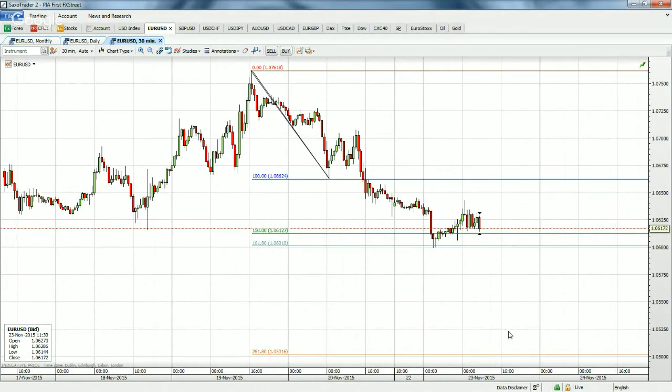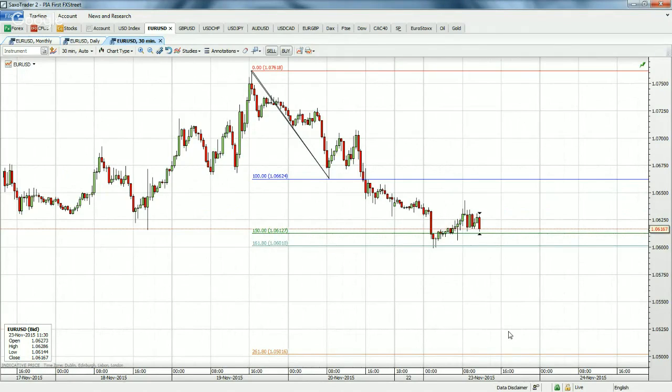The main call would be the same as the dollar, to sell into rallies. Intraday, 106.46 is our intraday resistance, but our prime area to get short today is 106.65. I think we're probably going to be lucky if we get to that level.